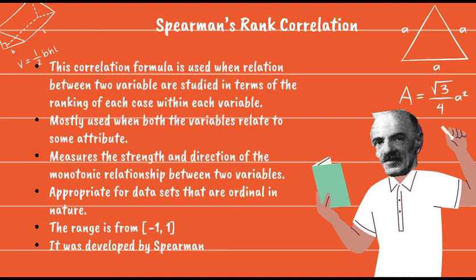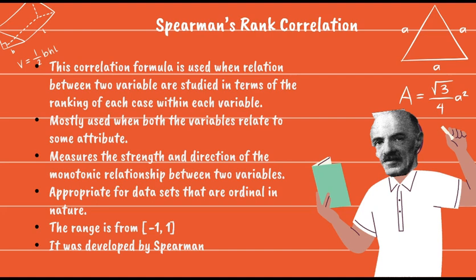Here also the correlation lies between -1 and +1, and the interpretation of Spearman's correlation coefficient is the same as that of Karl Pearson's, with values lying between -1 and +1. If it is towards +1, there is a positive relationship. If it is towards -1, there is a negative relationship.